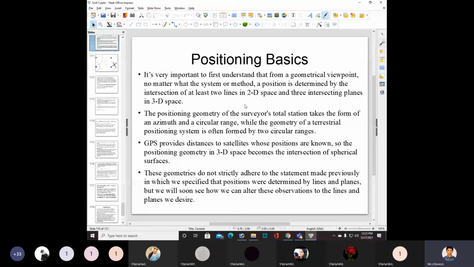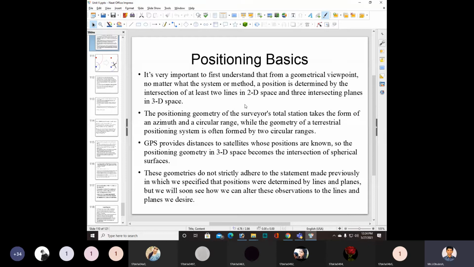These geometries do not strictly adhere to the statement made previously, in which we specified that positions were determined by lines and planes.